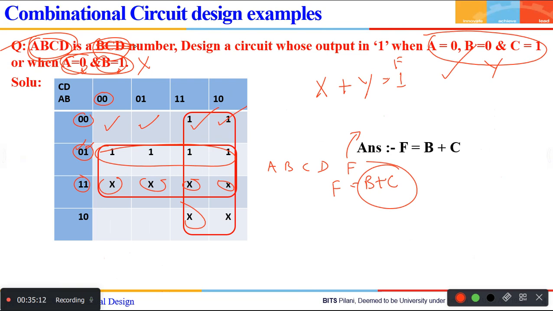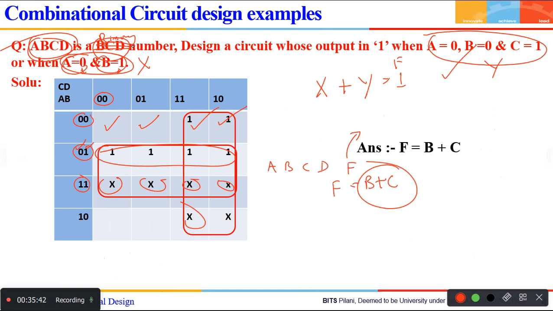Suppose if I say this is not BCD but it is binary, then what should I put in this place of X? 0. That means other than this, for this input combination, output will be 0. But at the same time you check once again, for above 9, are you going to satisfy this condition?